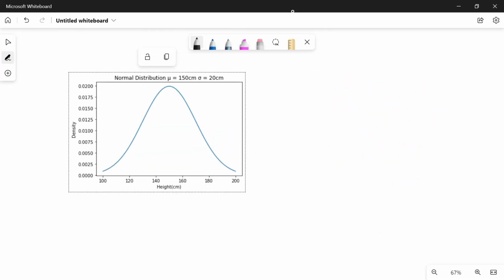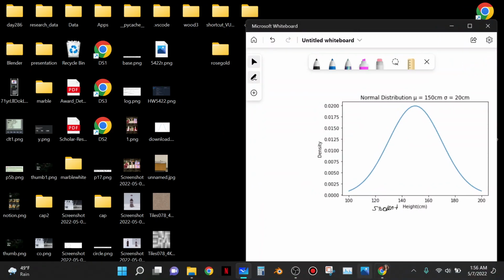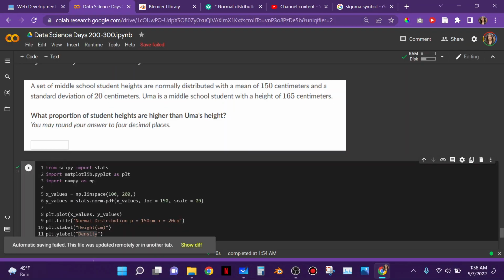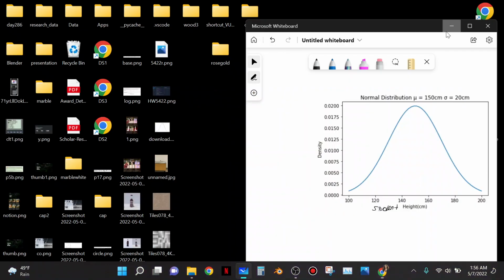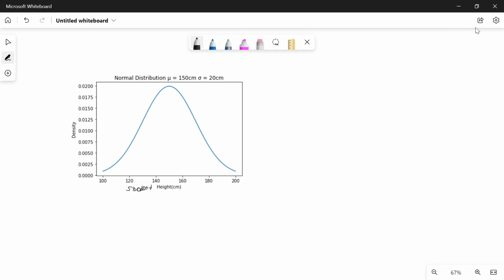So I guess we could say student heights for the X label. So Uma, they said she was 165 centimeters. 165 is about right here.